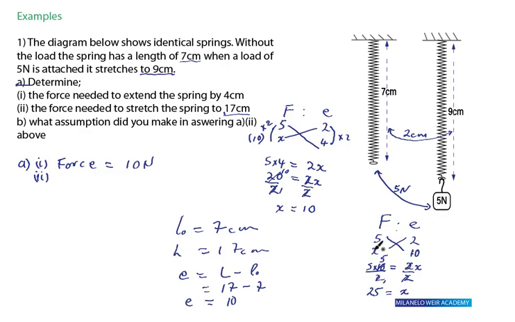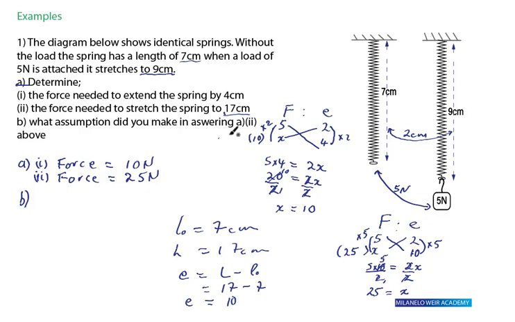So this x here is 25. We see that from 2 to 10 we multiplied by 5. From 5 to x we also have to multiply by 5. 2 times 5, 10, 5 times 5, 25. That's it. So the force here is 25 Newton.